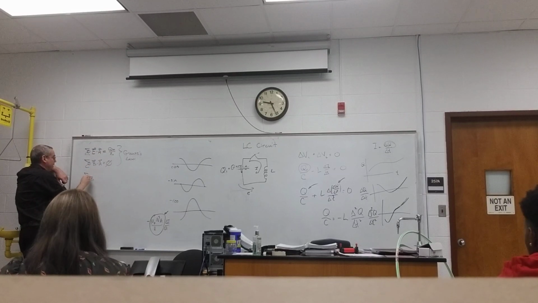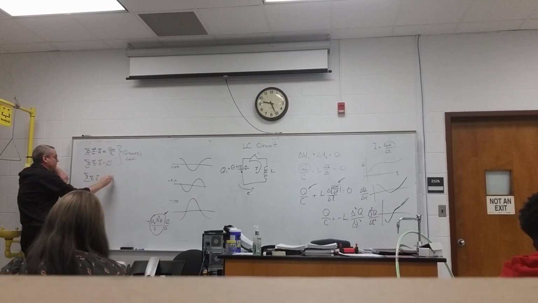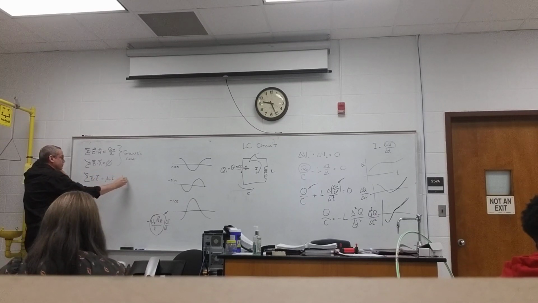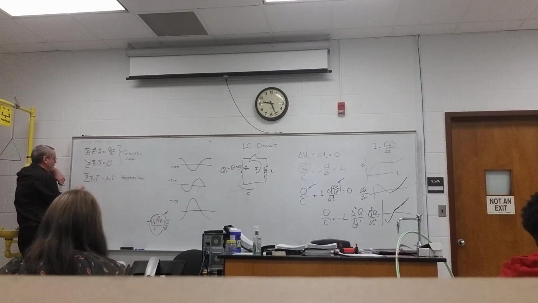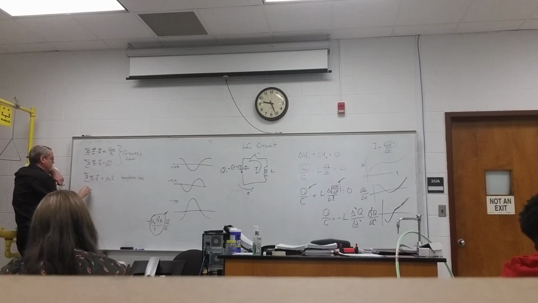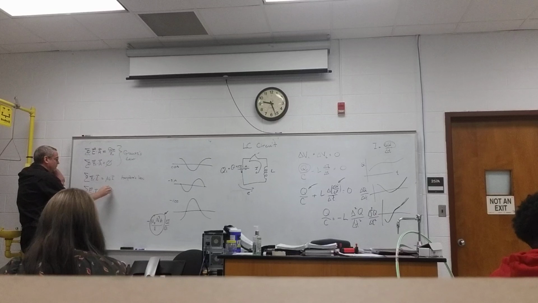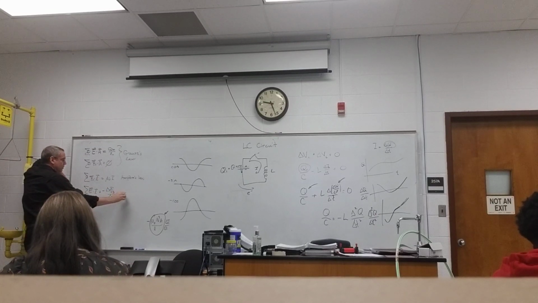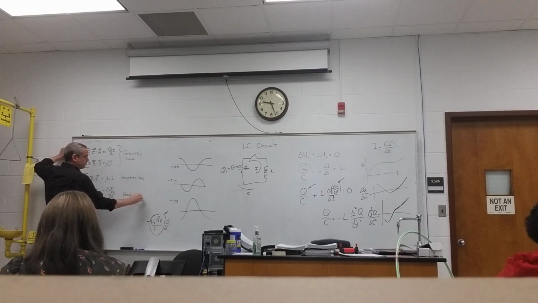Then, if I do B dot L, that's going to be equal to mu naught I. This is Ampere's law. And then E dot L, in other words, the EMF, is equal to negative delta phi B over delta T. And this is generally called Faraday's law, although I think Lenz deserves credit, so Faraday and Lenz's law.